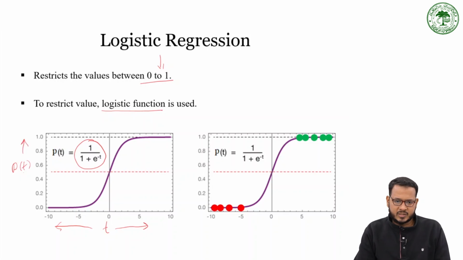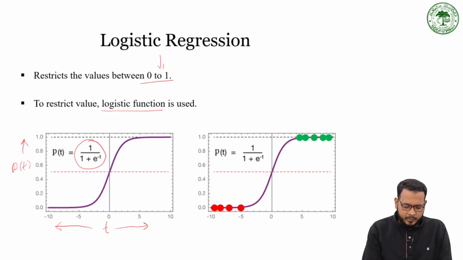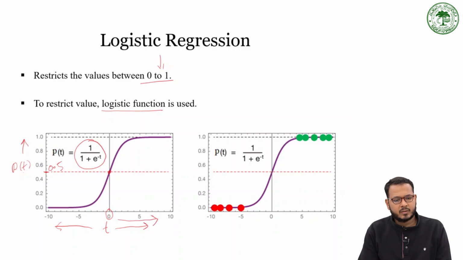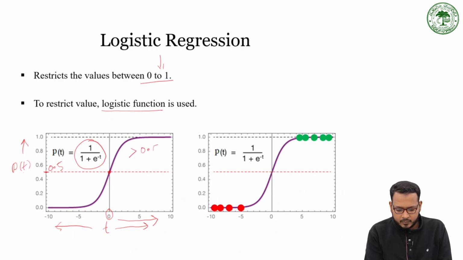This function has a very specific behavior. If we pass the value of t as 0, it gives us the value 0.5. As the value of t moves into the positive direction, we will get values greater than 0.5. And as the value of t moves toward minus infinity, the logistic function gives us values less than 0.5.